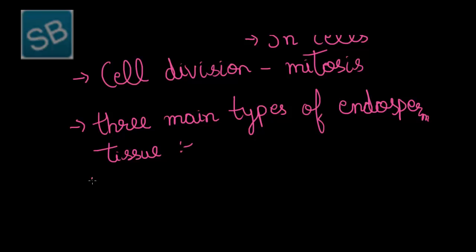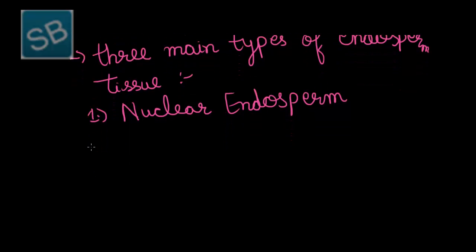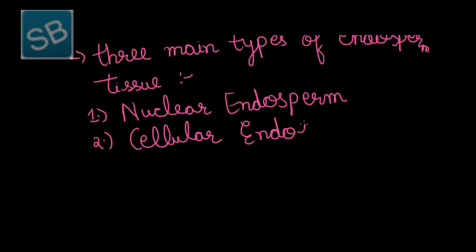Which includes first, nuclear endosperm, then comes the second, that is cellular endosperm, and the third, helobial endosperm.